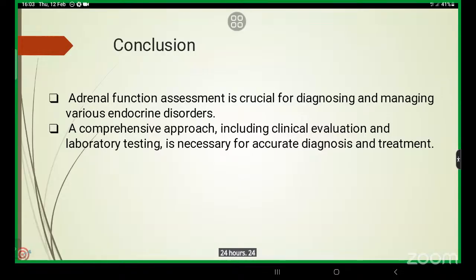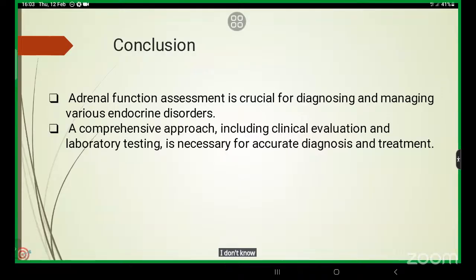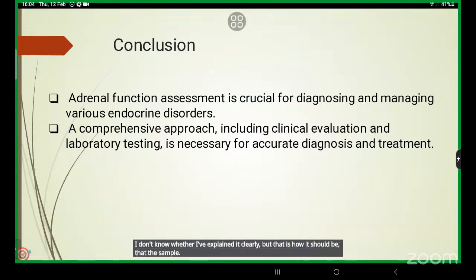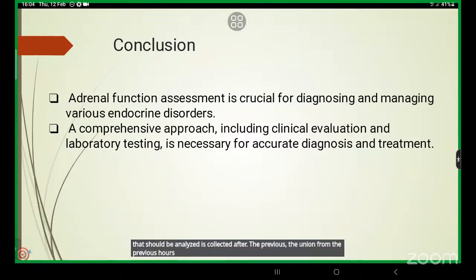The 24 hours begin when the sample is discarded, and we begin a fresh chapter of collecting the sample that is supposed to be analyzed. I don't know whether I've explained it clearly, but that is how it should be: the sample that should be analyzed is collected after the urine from the previous hours has been discarded, especially from the previous night into the morning.